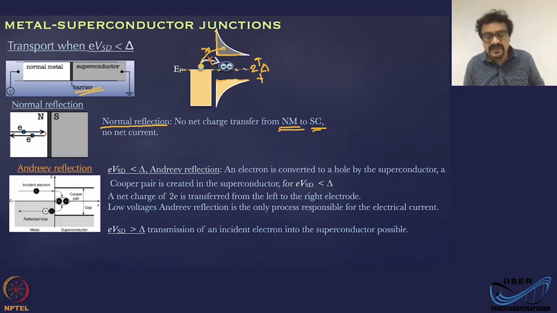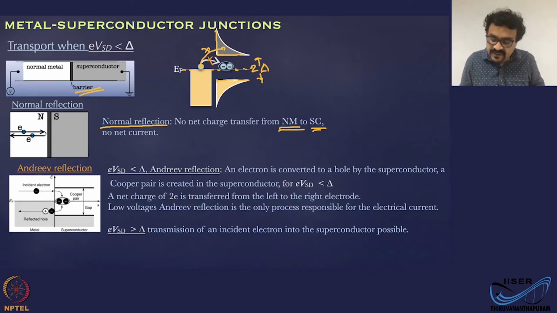Now, the net charge that is transferred from the left side, that is the normal metal side, to the Cooper pair side or the superconductor is 2E. Okay.